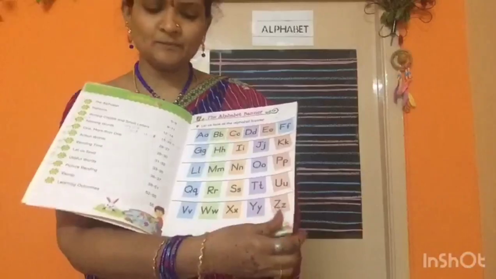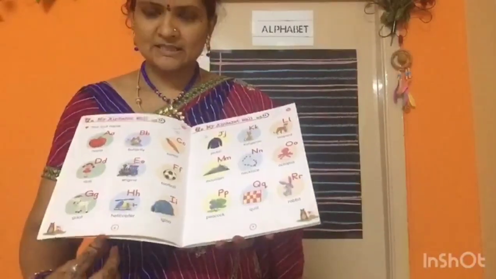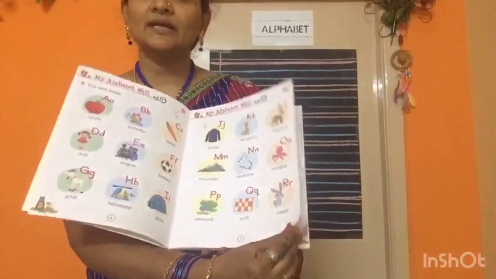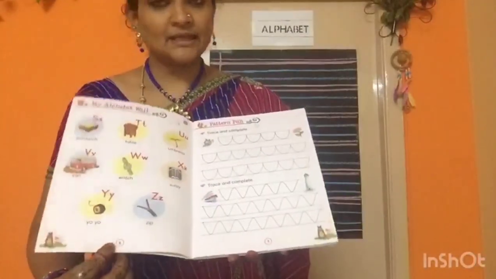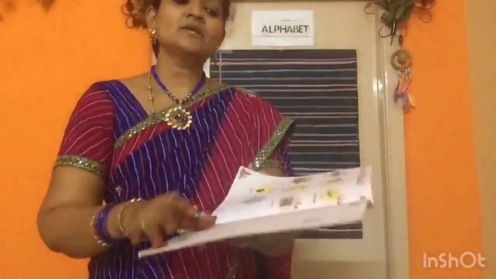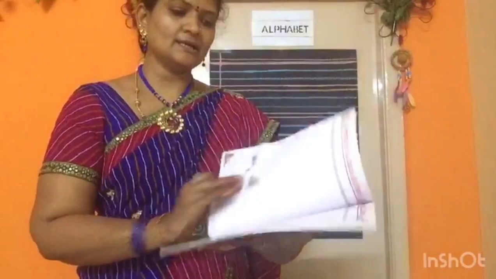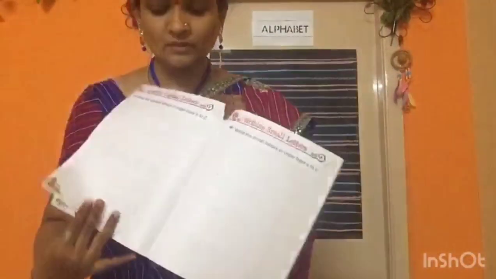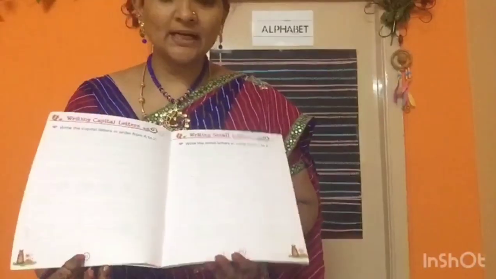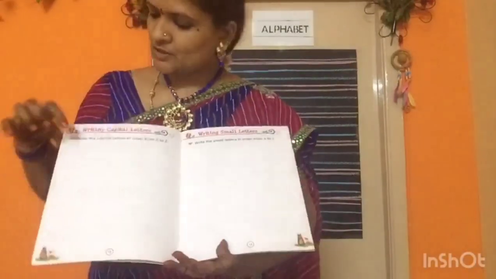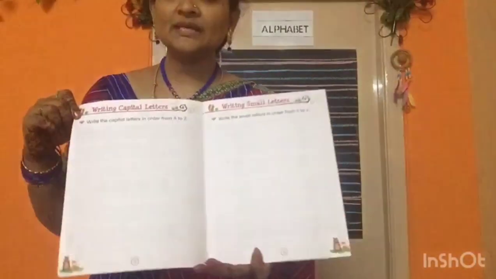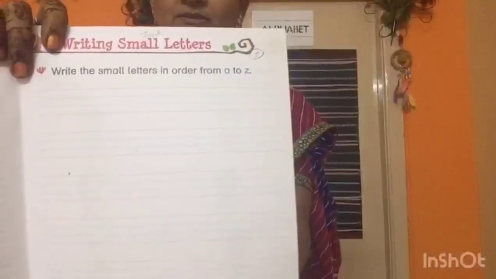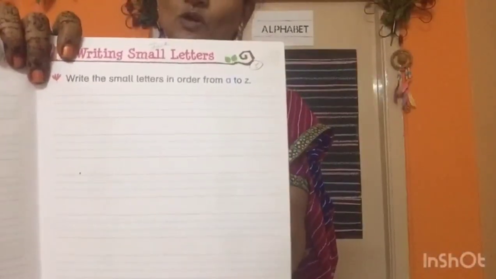This is for reading. 6, reading. 7, reading. Then 8 also is for reading. Then you can make your child write the page numbers 12 and 13. 12 is to write for capital A to Z. 13 for small a to Z.